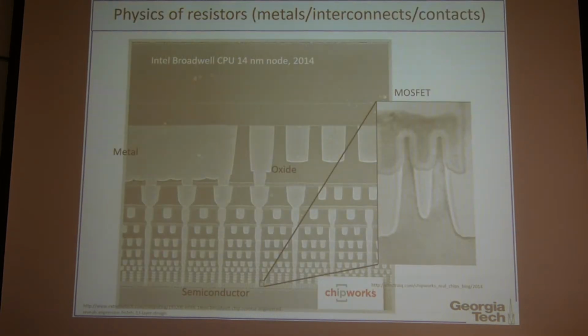And again, this is the image we showed in the previous lecture. This is the cross-sectional view under the microscope for Intel's processor. And we see those many layers of interconnect.